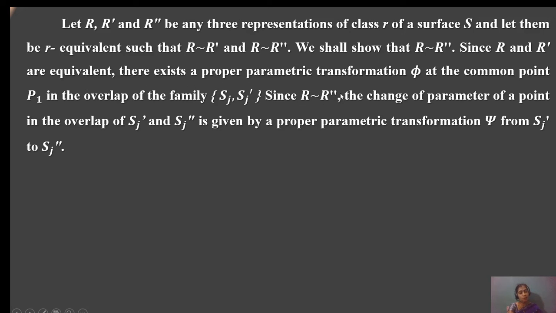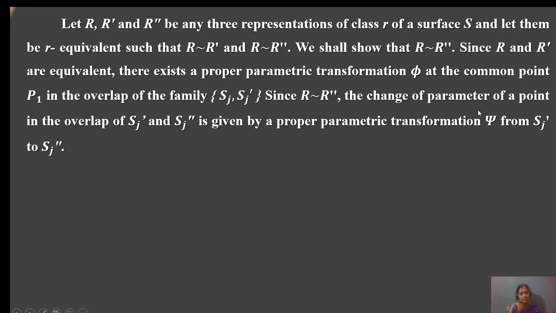There exists a proper parametric transformation phi at the common point P1 in the overlap of Sj and Sj dash. Hence, changing the parameter for the overlapping values Sj dash to Sj double dash gives a proper parametric transformation.